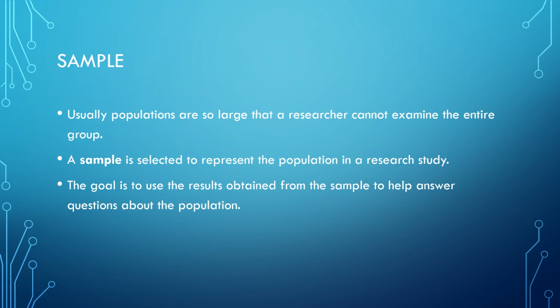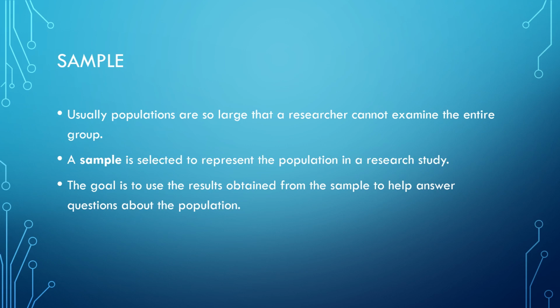So in terms of my study on San Diego State students, I might go and try to find 200 San Diego State students and ask them all what their GPA is and what their class standing is, and from that data, try to say something about the population.